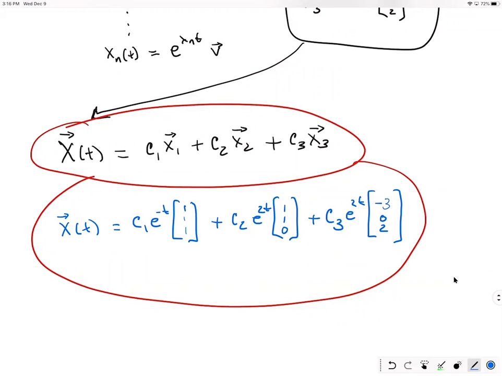So the next thing we have is what happens if we have case number 2, where the matrix is non-defective and it has complex roots.